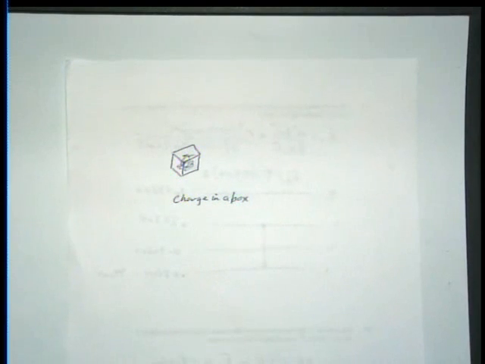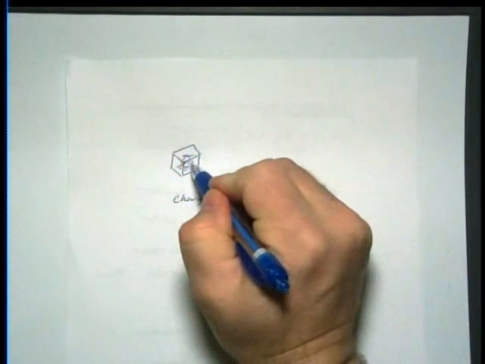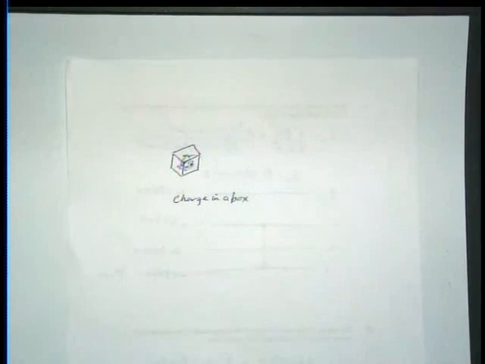Well, if I make the box bigger, I can include more charge. So that's what's called a global law. When you integrate over something, and you talk about what's in this volume, a macroscopic volume, the only thing you can tell me is what happens in the whole volume, but you can't tell me what happens at a particular point in space, like that point.